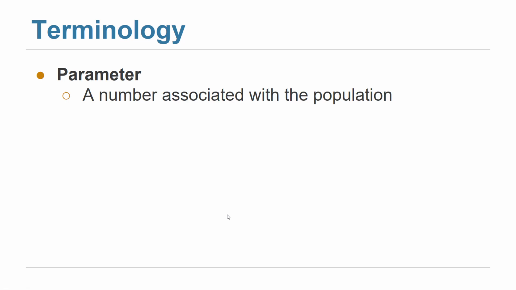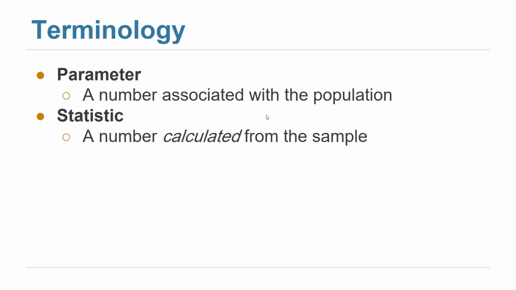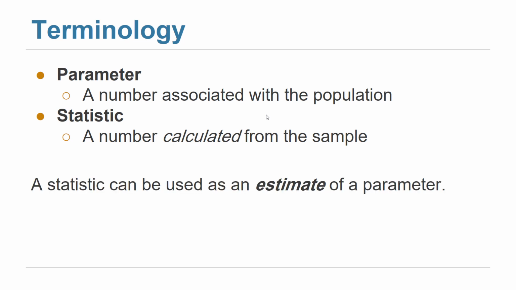So the parameter is the number that is associated with the population. The statistic is the number that is calculated from the sample. So the statistic is actually an estimate of a parameter. The parameter of the class students now is the average GPA.